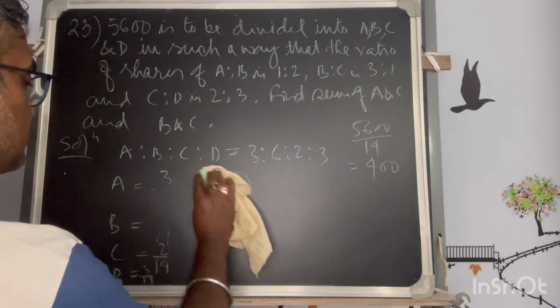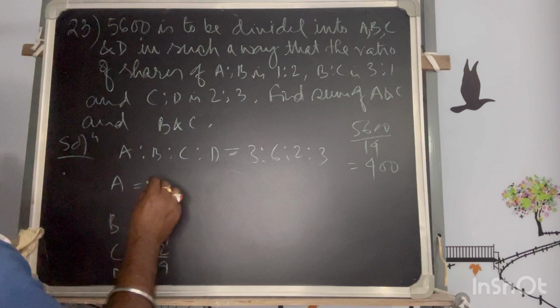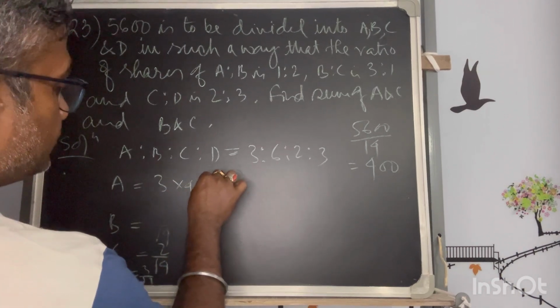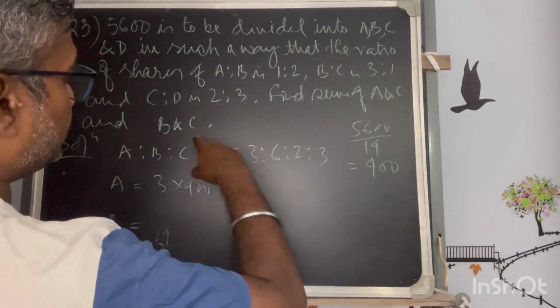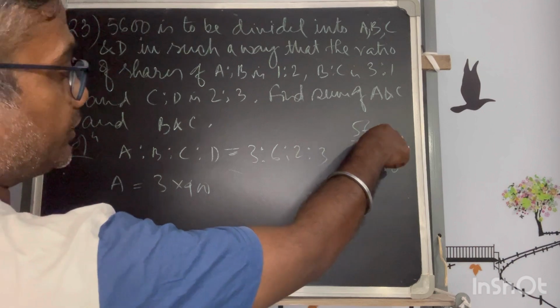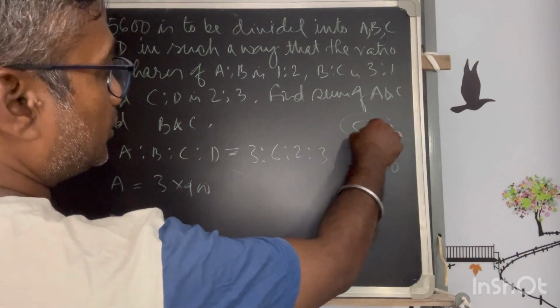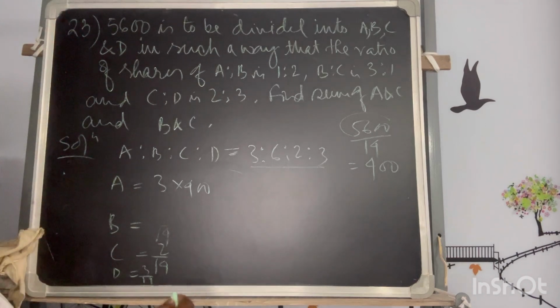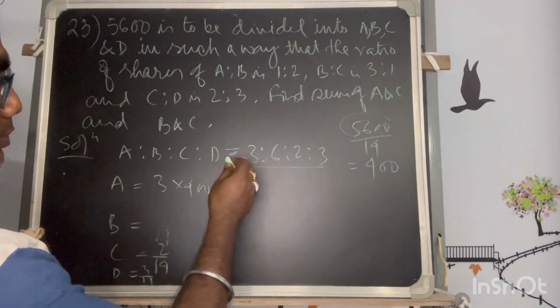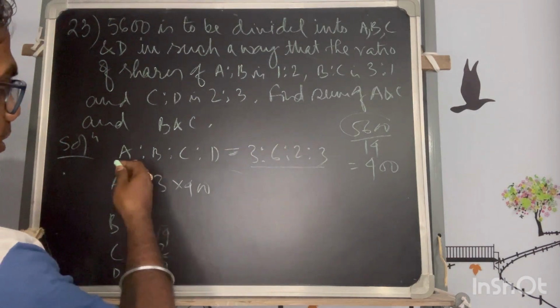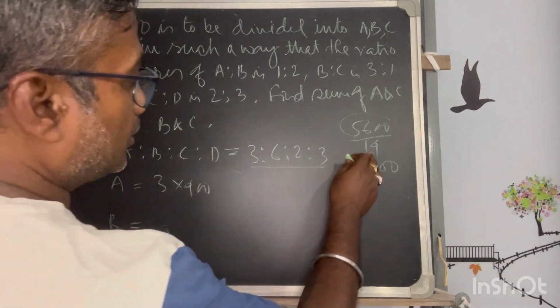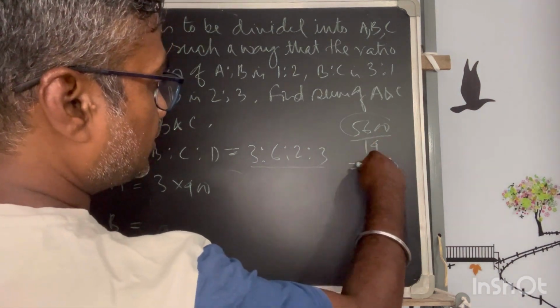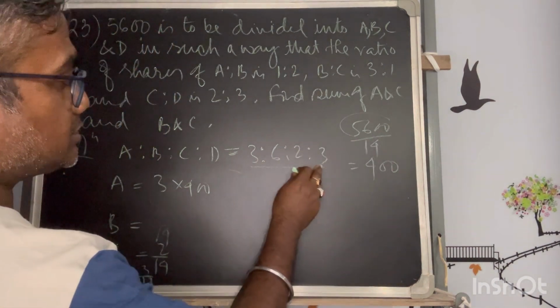So the first, A will get how much? 3 into 400, because this is the fraction of the whole. If I convert the whole into 14 parts, because each is getting a part out of the complete whole, then only this is possible.